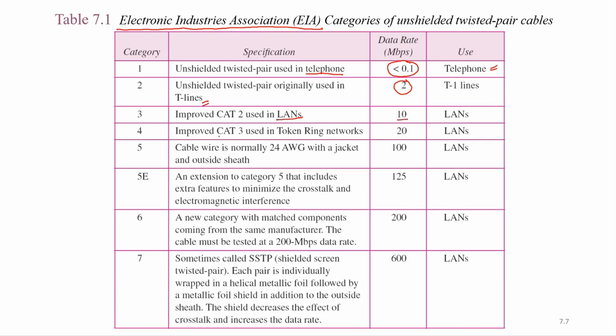Then improved category 3 is used in token ring type of networks, with a speed of 20 Mbps. These are the different applications in LANs. So based on different application criteria, different types of twisted pair cables were used. These are the complete list.